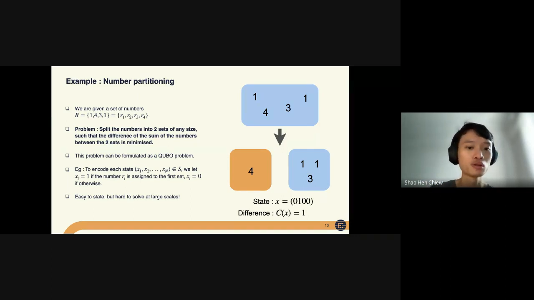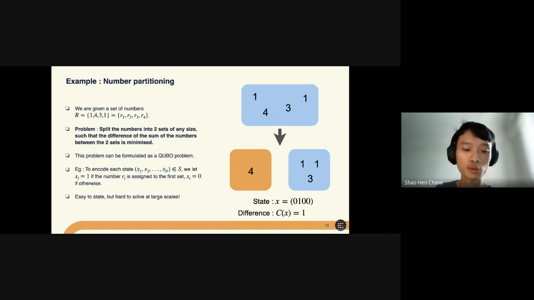So in this example, if you look at the top left part, that is the state space. That's how we label the state space, R equals 1431. We would say that the element 1 is in the second set, so we put a 0 here. The element 4 is in the first set, so we put a 1. And the elements 3 and 1 are both in the second set, so we say 0 and 0. So this is how we would encode the states of our system as a bit string.